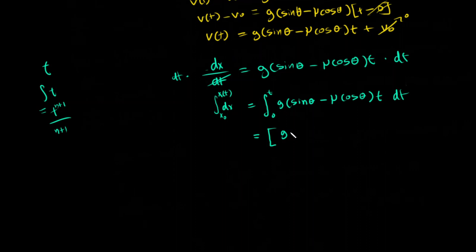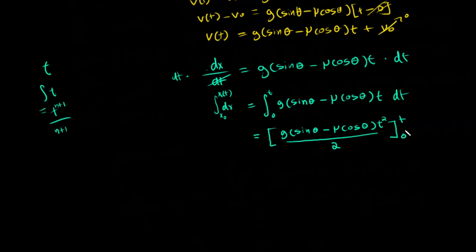g sine theta minus coefficient of friction cosine theta, times t squared, all divided by 2. Instead of writing a half, we'll write a half at the end. And we have to evaluate this still from 0 to t. We substitute t in, that stays fine.